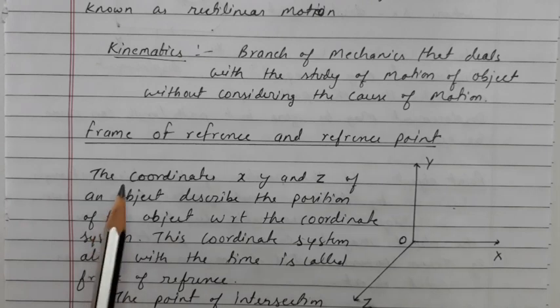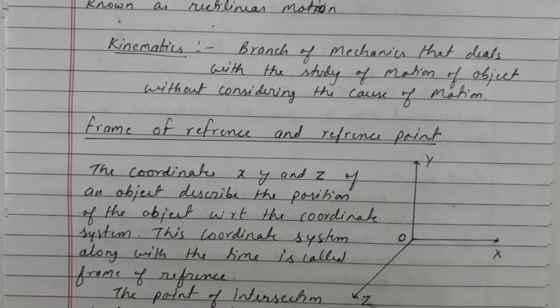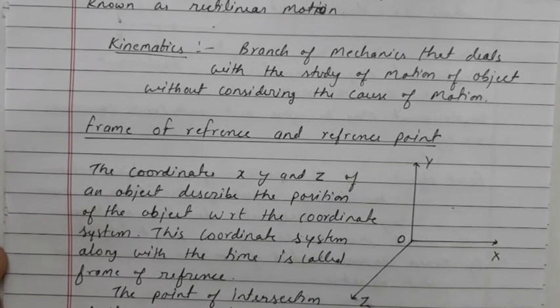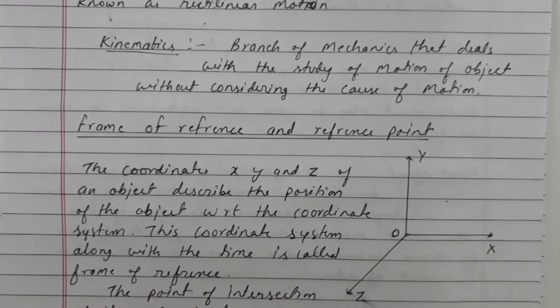Now the coordinates x, y and z of the object describe the position of the object with respect to the coordinates. So यहाँ पर we do have three coordinates, x coordinate, y coordinate and z coordinate. These three coordinates along with time are considered as a frame of reference. And the point of intersection of these three coordinates is considered as a reference point.